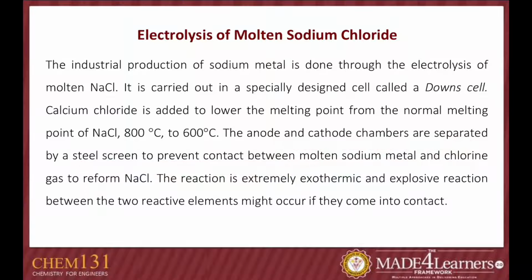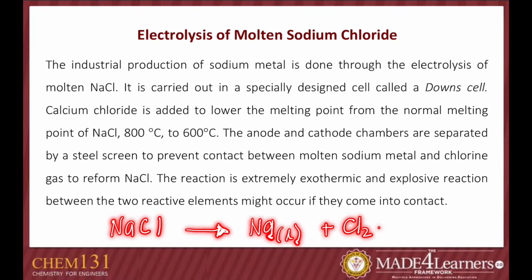So, kung nakay NaCl, ang products ani sa electrolysis sa molten niya would be ang sodium nga metal, liquid which will eventually solidify, and chlorine gas. And sodium metal is a very reactive metal and chlorine gas is poisonous.